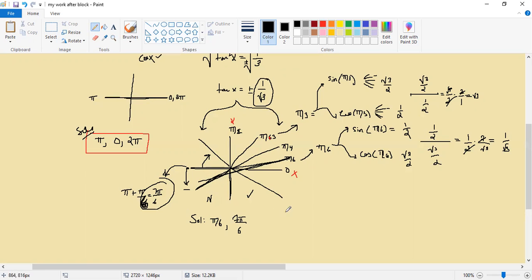So instead of adding to pi, we will subtract from pi. We'll say pi minus pi over 6, which would give us the principal angle. So this would be 6 pi minus pi, which would be 5 pi over 6. So that itself is another solution, 5 pi over 6.